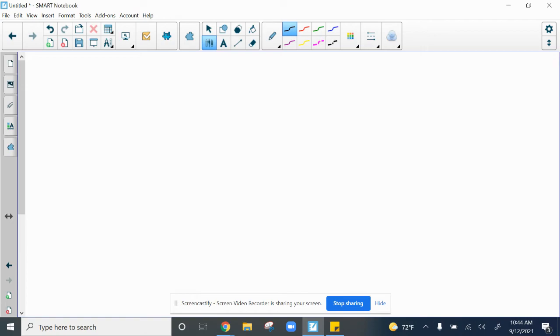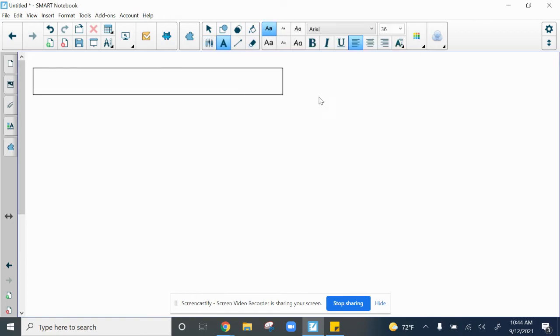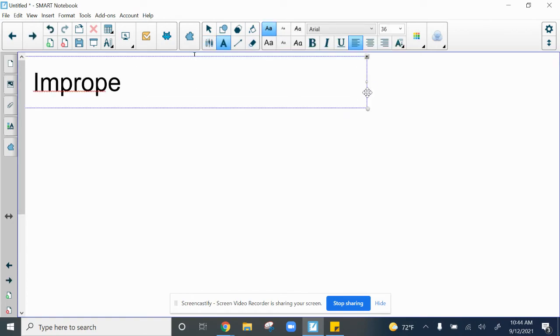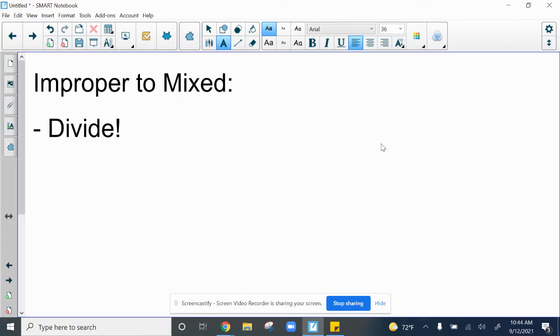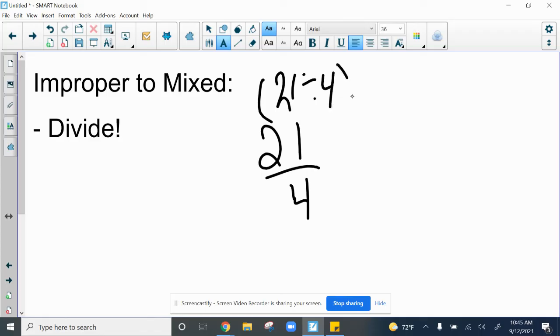Alrighty, so now the last thing we're going to talk about is improper to mixed. And to do this, we are simply going to divide, because if we remember, a fraction bar really means division. So let's say I had 21/4. What this is really saying is 21 divided by 4.